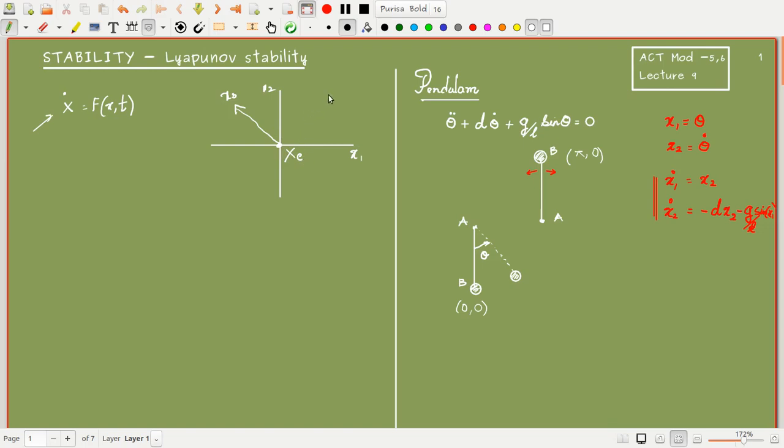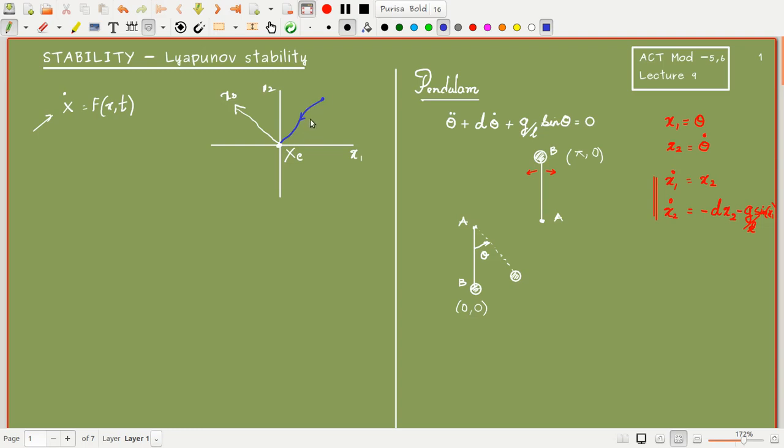Suppose this is the initial condition for the system, and I start from this initial condition. We can see that the trajectory can start from the initial condition and it can reach the equilibrium point. If the trajectory starts from the initial condition and it reaches the equilibrium point, we can say that the system can be stable.